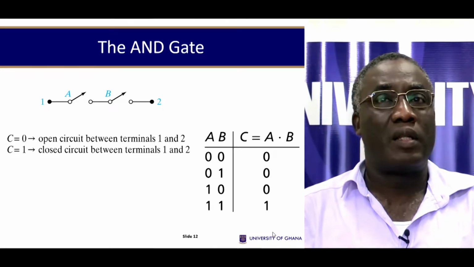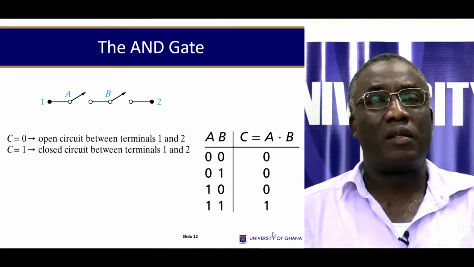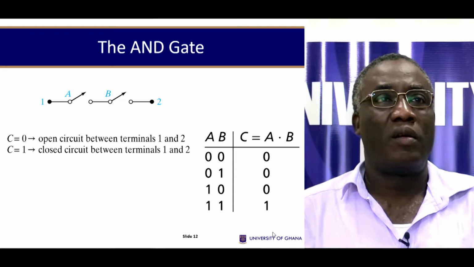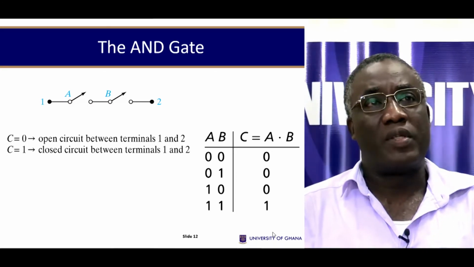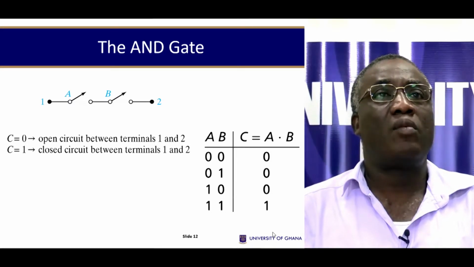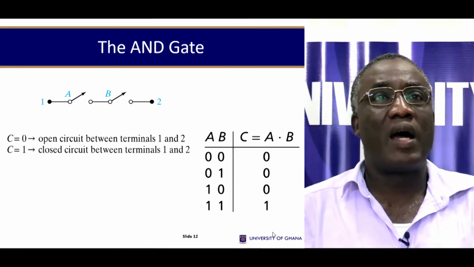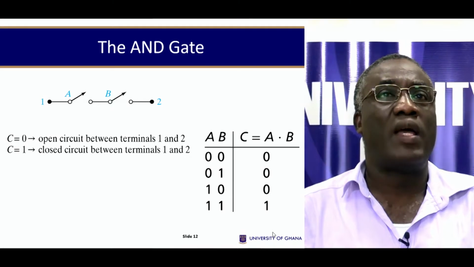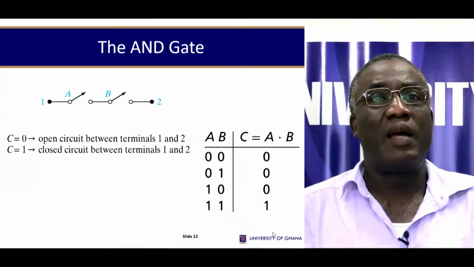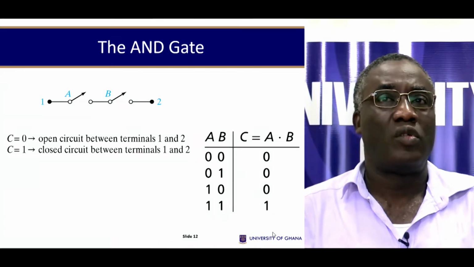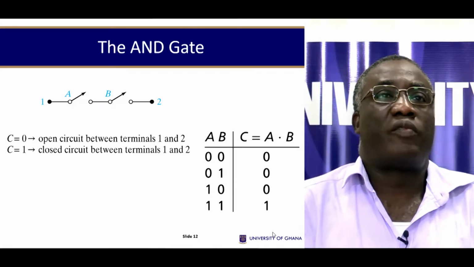So the question is, you want to switch that lamp at 2 on. Now, what happens? This will only happen when both switches are on. So if A is on and B is on, then the lamp at 2 can be on. Otherwise, it will be off.